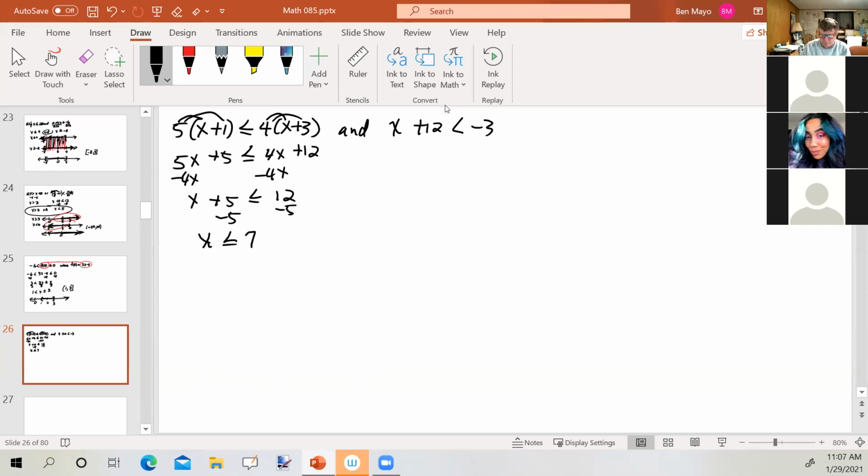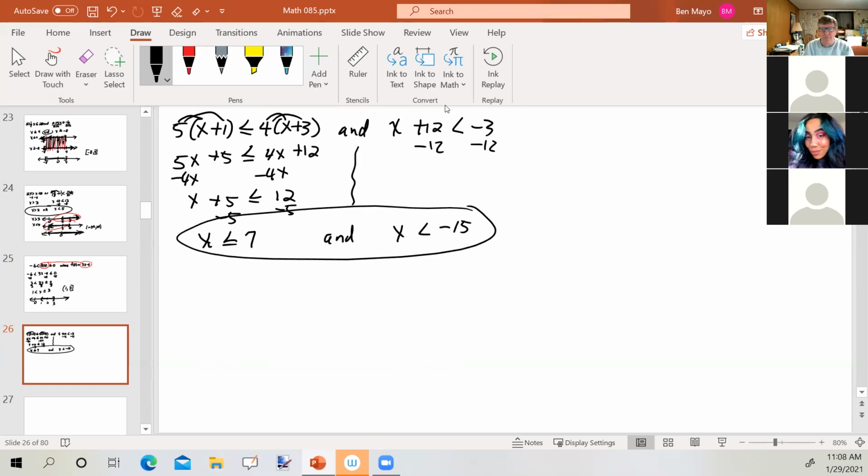Okay. The second inequality, the one on the right, I'm going to subtract 12 from both sides and get x less than -15. And I'll bring this and down here. So this is what we're going to deal with. Let's see. X is less than or equal to 7. So I've got, let's see, 0 and 7, and we'll put -15 over there.